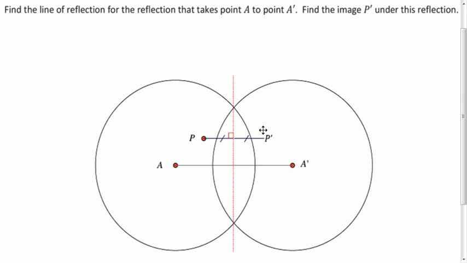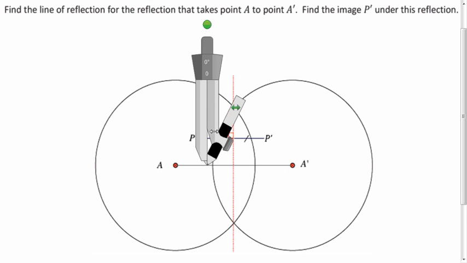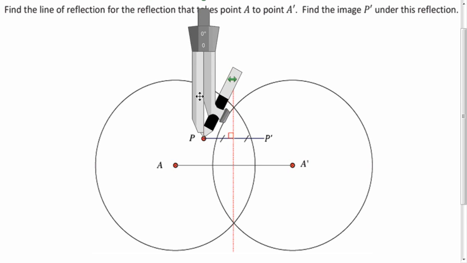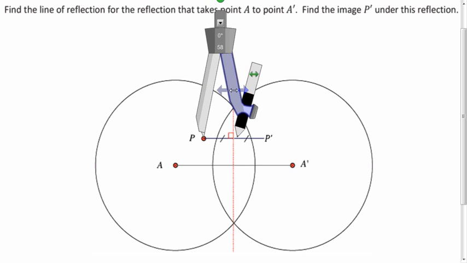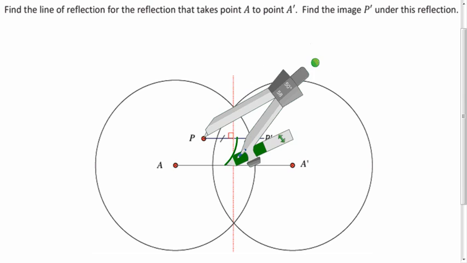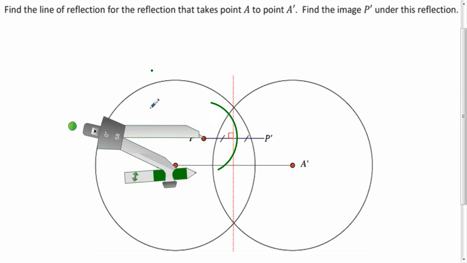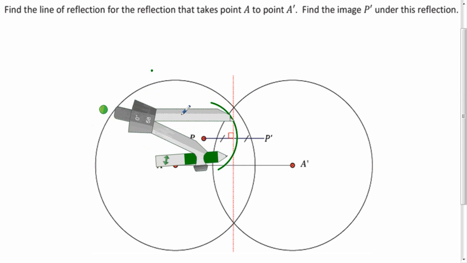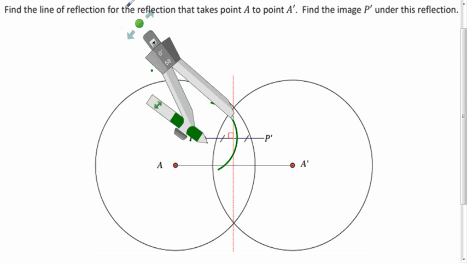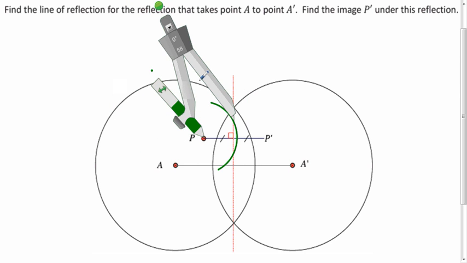And to figure out where P maps to, you draw a circle around P. I'll demo that right now. Draw a circle around P that crosses your line at least one time. You can just draw an arc too. So that crosses the line twice. And then you put your pivot on one of the points of intersection and open up your compass to the points.